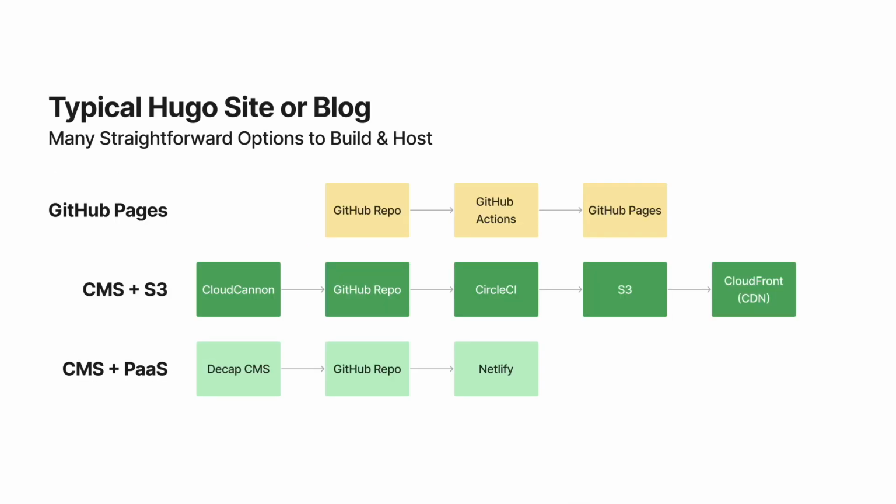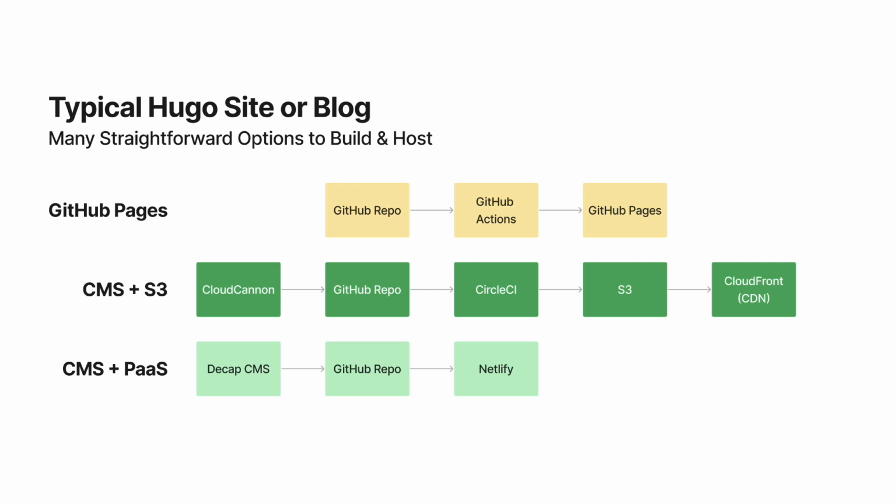Before I get into what OpenLaws architecture looks like, I wanted to just compare and contrast to what typically you would see for a Hugo site deployment. So at the top, you have GitHub Pages, fairly straightforward: GitHub Repo, GitHub Actions, GitHub Pages. Towards the bottom, you start getting a little fancy.